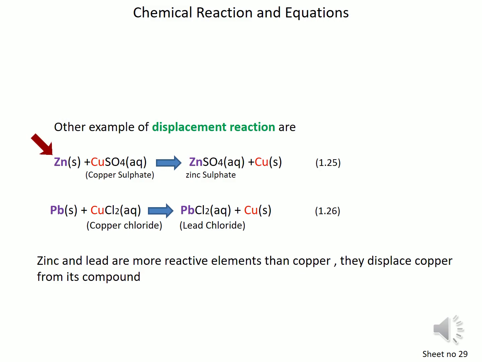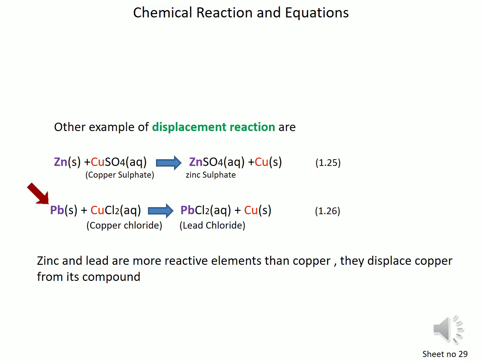At the left side this Zn is separate, and now it is associating with SO4 to form ZnSO4. In CuSO4, the Cu was associated with SO4; this is breaking and Cu is getting separate. This Cu in red color was earlier associated with SO4 and is now separate. So it is a displacement.